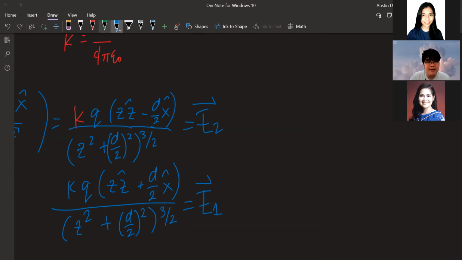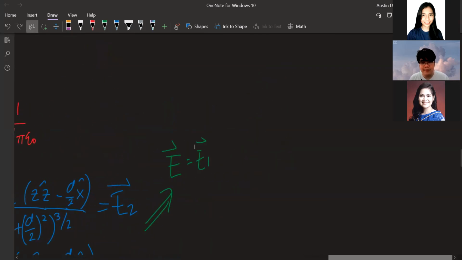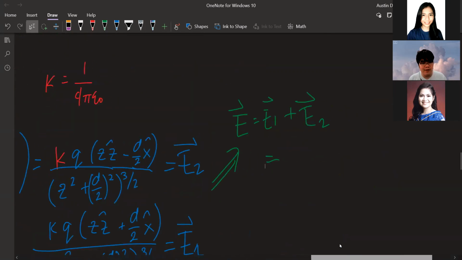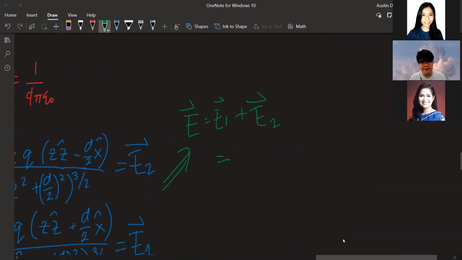So the final answer will be E. The vector E will be just E1 plus E2. And that gives me, of course I haven't memorized it, 2KQ Z hat.